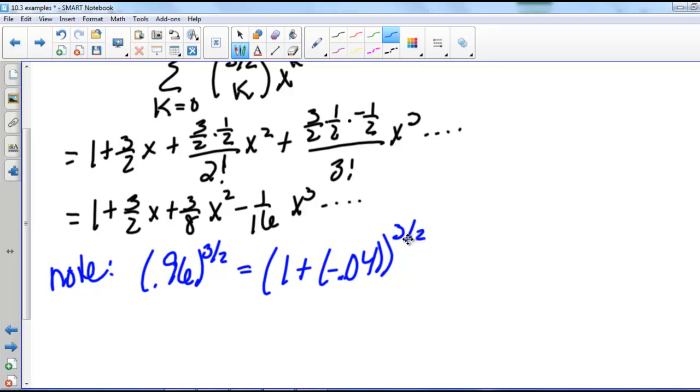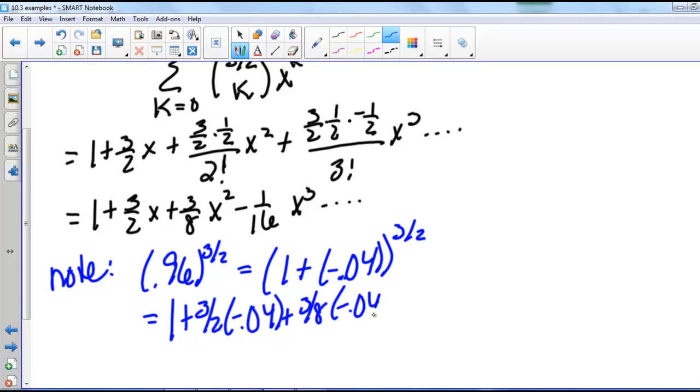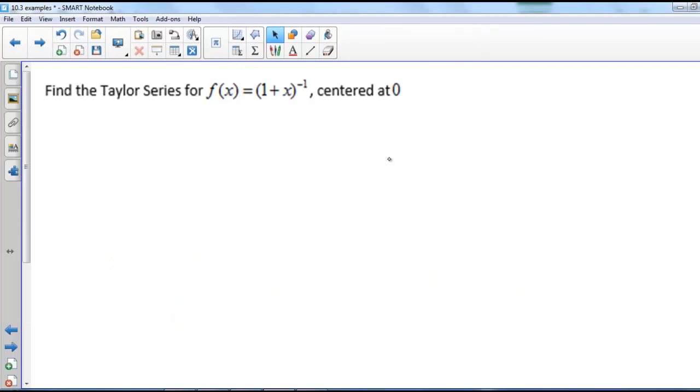So assuming that the series converges to 1 plus x to the 3 halves on our interval of convergence, then we get 1 plus 3 halves times negative 0.04 plus 3/8 times negative 0.04 squared minus 1/16 times negative 0.04 cubed, and so on.